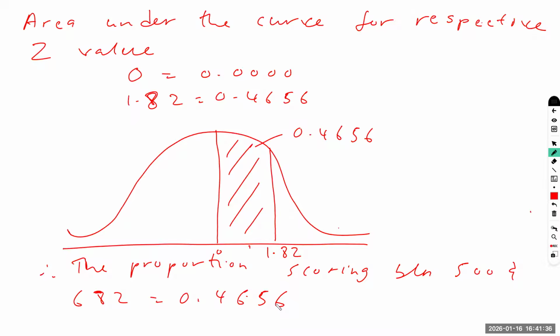Listen, when you're asked to find the percentage, then I'd take 0.4656 times 100. But the question didn't ask me to find the percentage. That's why I'm not writing the percentage there. Do you get me?